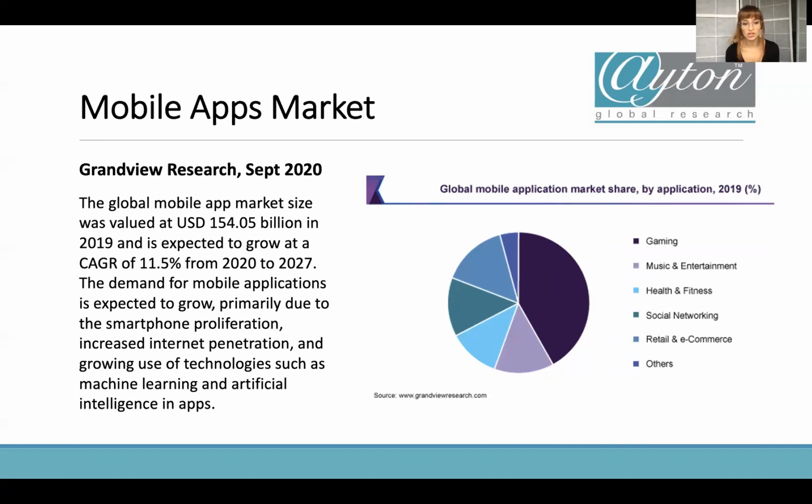This is generally due to smartphone proliferation. Everyone's got access to a smartphone now, so everyone's got access to download an app. Increased internet penetration: again, almost globally, everyone uses the internet now, so people have access to these apps. And growing technologies, so things like machine learning and AI have all become really popular within apps. The more technology grows within professional industry, the more it then goes to consumer industry.